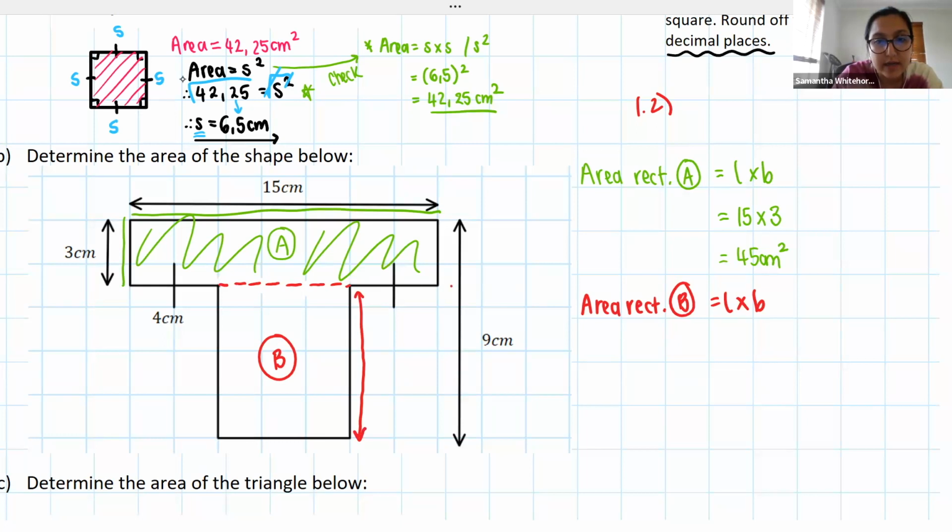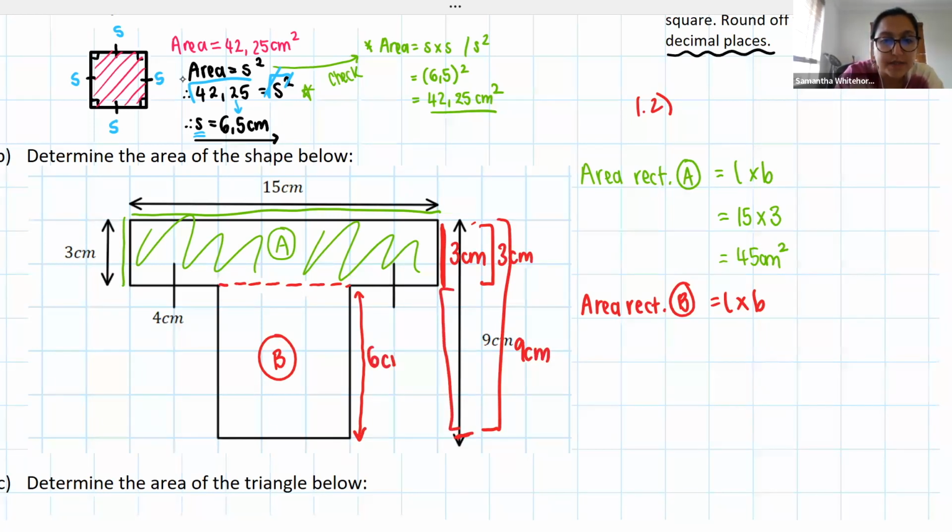I know that up to this point is what I'm looking for, but this whole line that I have here is 9 centimeters. I also know that the top width of my top rectangle is 3 centimeters. So if this top part is 3 centimeters and the total should be 9 centimeters, what I have left at the bottom is 6 centimeters, because 6 plus 3 gives me the 9 centimeters that I'm looking for.